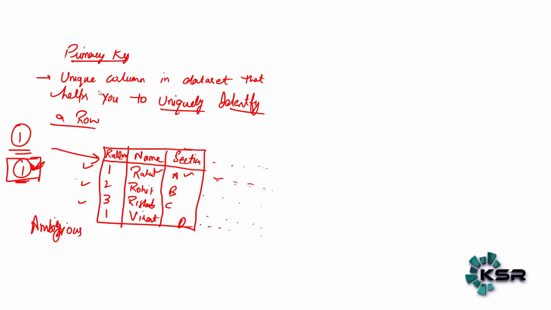Or the table will get confused, so it will give you both the rows. Then in that case, are you able to uniquely identify a record? You're getting 2 records, right? Guys, with me?